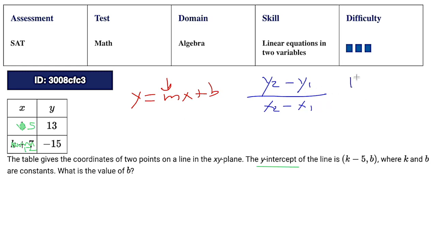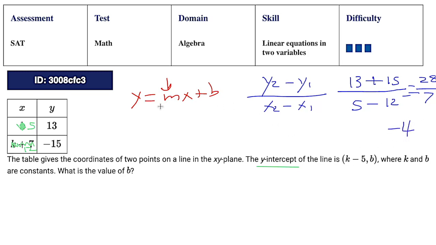So 13 minus negative 15 is the same as plus 15 divided by, now I started with 13, so I need to make sure that I start with the 5 there, the corresponding x. 5 minus 12. 13 plus 15 is 28, I believe. And then 5 minus 12 is negative 7. 28 divided by 7 is 4, so negative 4 is our slope.